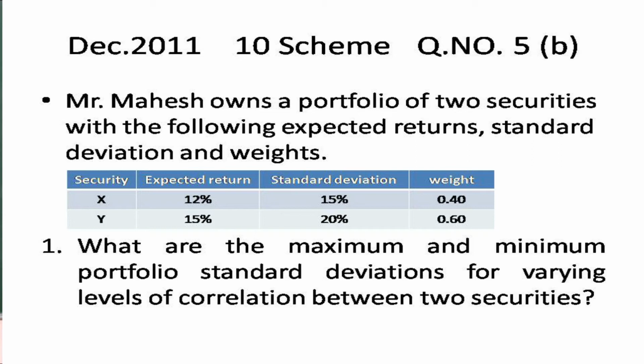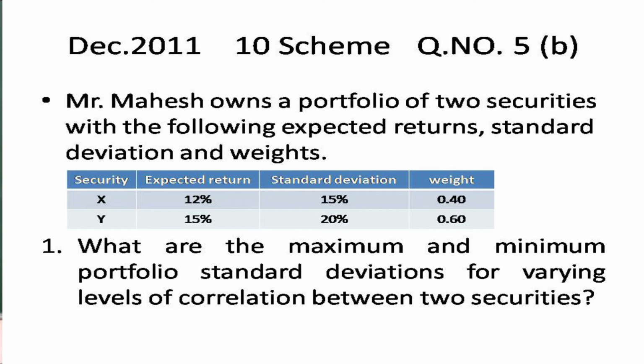It is 10 MBA FM 322 question paper code. The subject code or question paper code is 10 MBA FM 322. The question number is 5B. Question number is 5B. I will just read out the question.